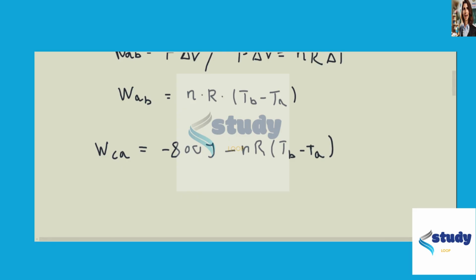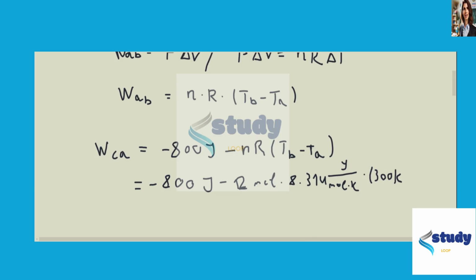Then we can substitute other of the known values, which is the number of moles. This is 2 moles times 8.314 joules per mole kelvin times the difference in temperature.